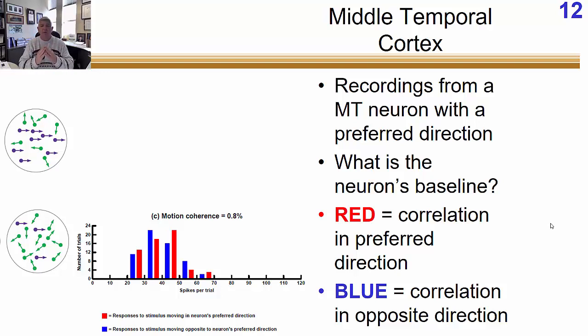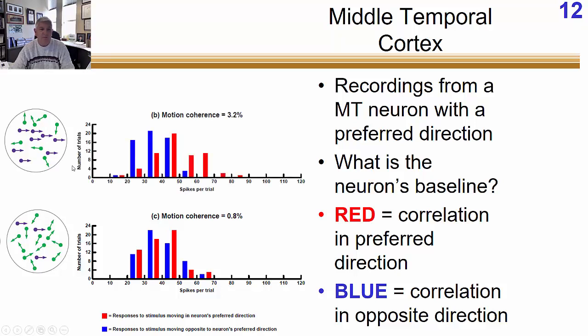So if we go in and record from a neuron that has a preferred direction of movement, and we look at the neuron's baseline firing rate, here we have 0.8%. We're not able to perceptually detect which direction the dots are moving over here. If we increase that correlation and make more dots move in the same direction, here's what happens.